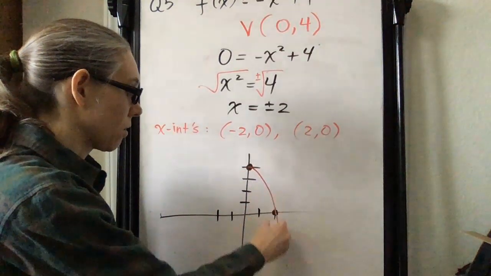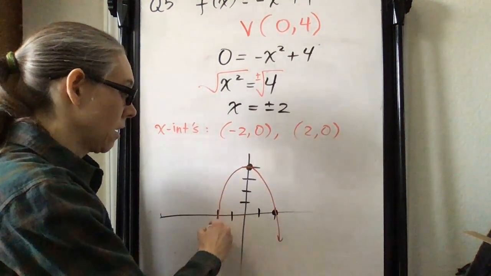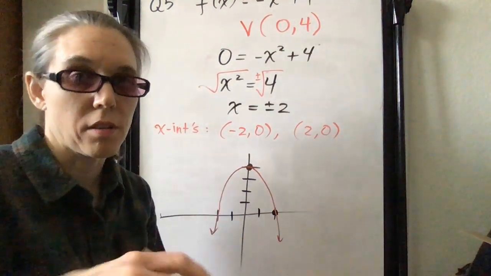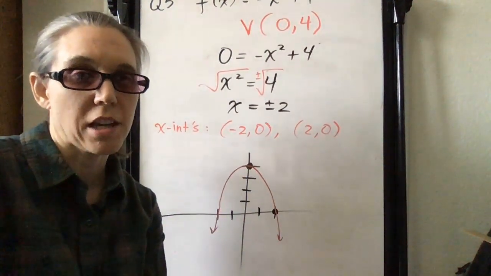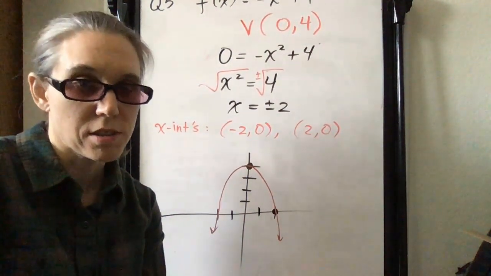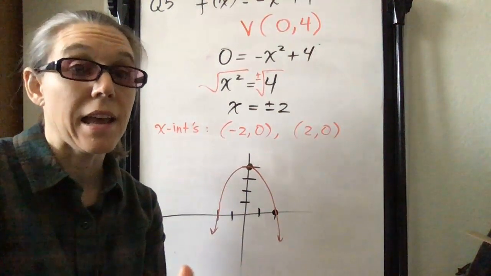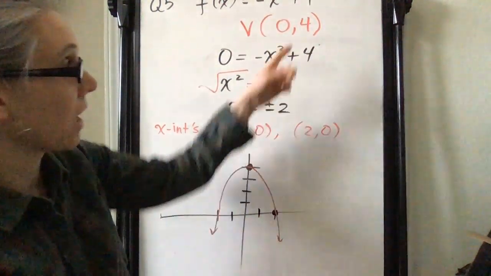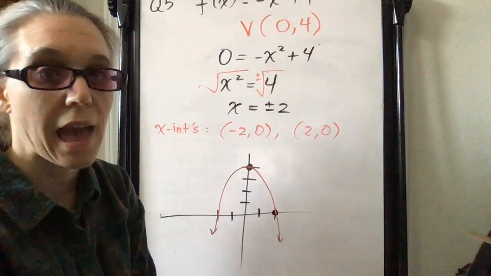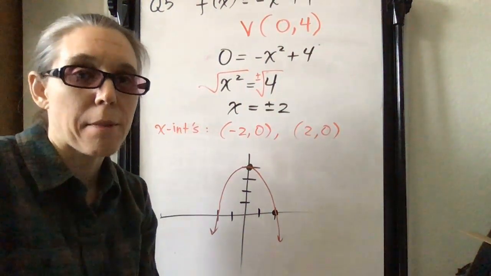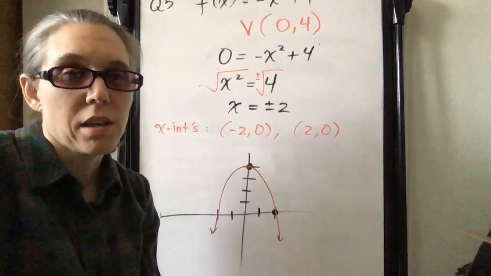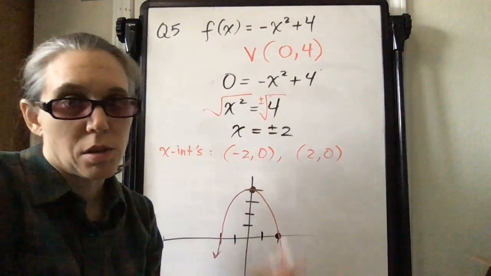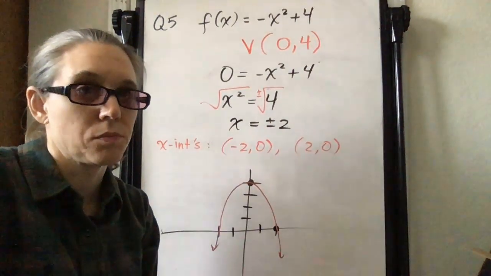MyOpenMath will draw the curve correctly for you. So that's how you do a sketch. To do a sketch, what you want to do is focus on getting the vertex and then getting any intercepts. As it turns out, the vertex here is the same thing as the y-intercept. That happens anytime your b value is 0, which is what we have in this case.